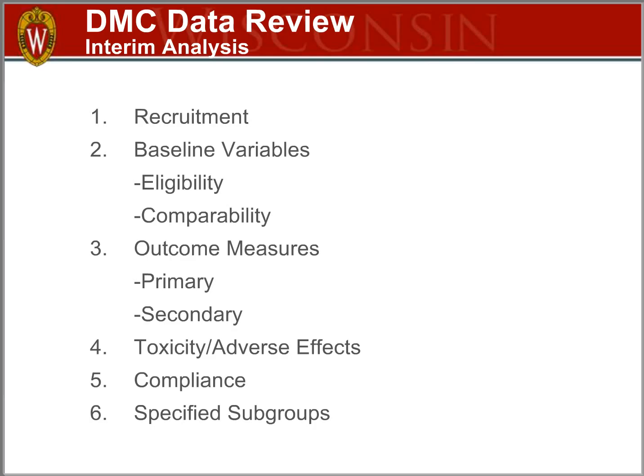To examine the quality of the trial, they will look at the compliance of the patients to the therapy as specified in the protocol. And they may very well examine specific subgroups to see whether the treatment is particularly beneficial or particularly harmful in some class of patients. This is a small list, but the key list of what a data monitoring committee might review.